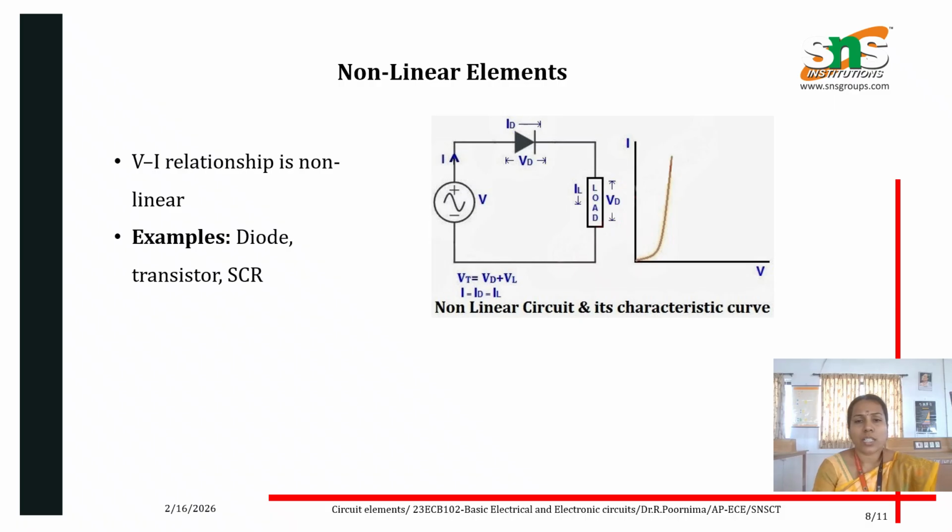We can see that the relationship is non-linear. When voltage is increasing, current is increasing very slowly, and after a knee point voltage of 0.7 it is increasing rapidly. So this is the non-linear characteristic. Examples are diode, transistor, SCRs.